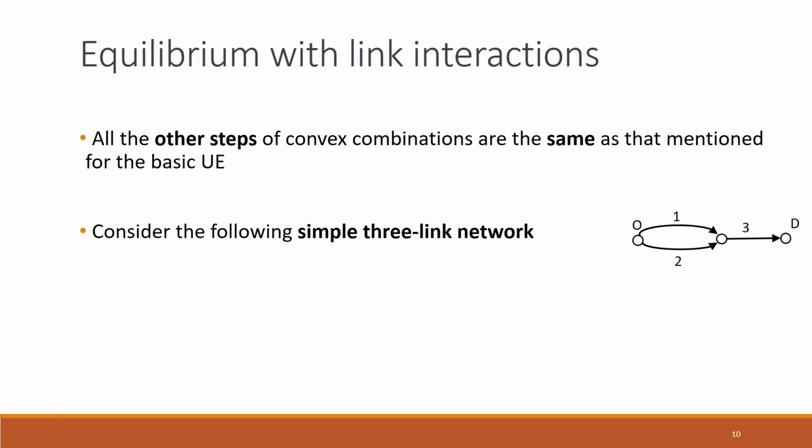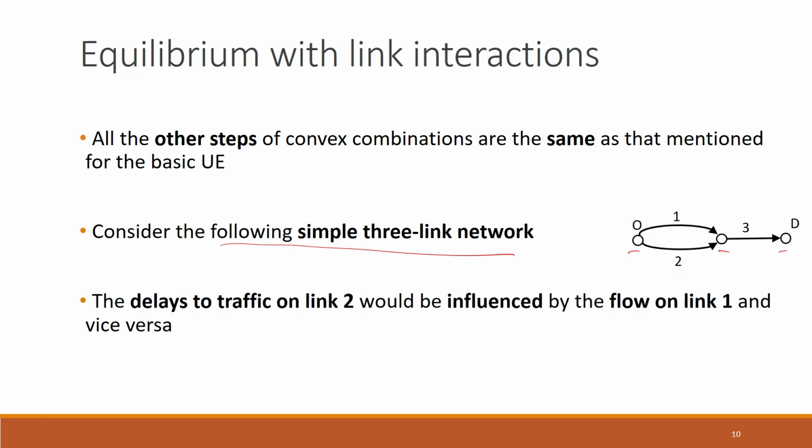So, let us now consider this simple 3-link network here. Here there are 3 nodes and 3 links. The delays to traffic on link 2 would be influenced by the flow on link 1 and vice versa. Okay.